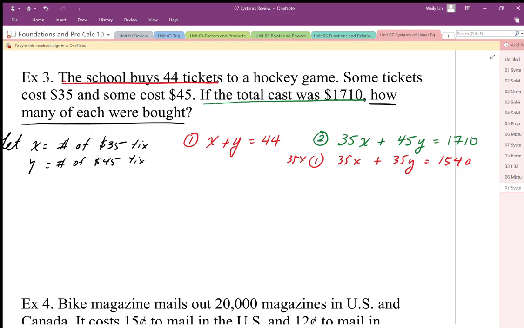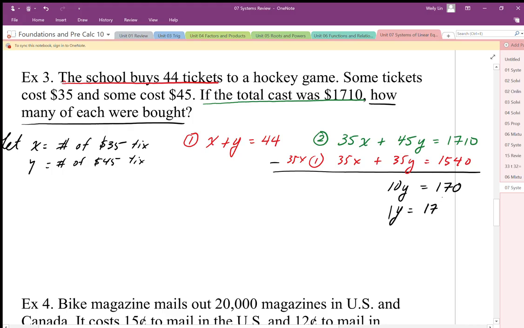We're going to subtract those two equations. We eliminate the 35x's, and we're left with 10 y's. When we subtract these, we're left with 170. So y is going to represent the number of tickets.